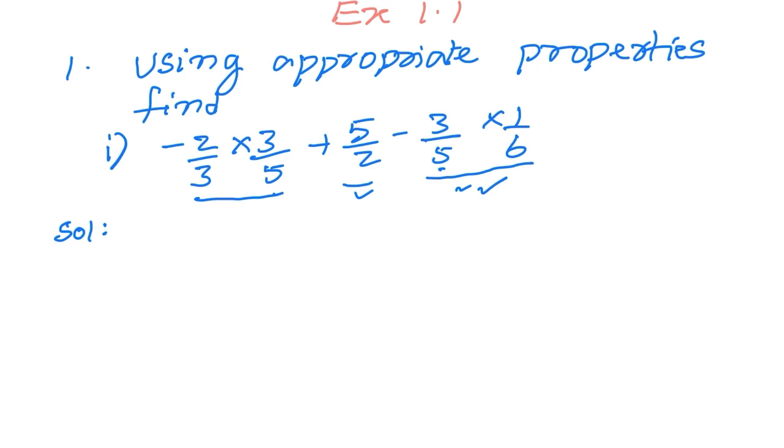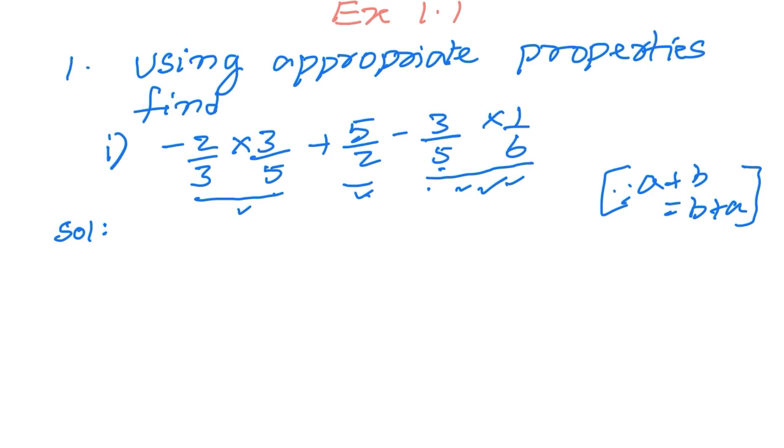So let us write these two terms side by side using commutative property, because 5 by 2 goes this side and this one comes this side. So a plus b becomes b plus a. What is commutative property? You know, a plus b is equal to b plus a. This is commutative property. Using this property, we shall exchange these two.